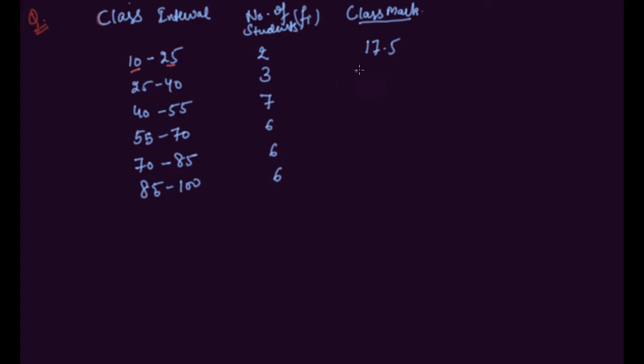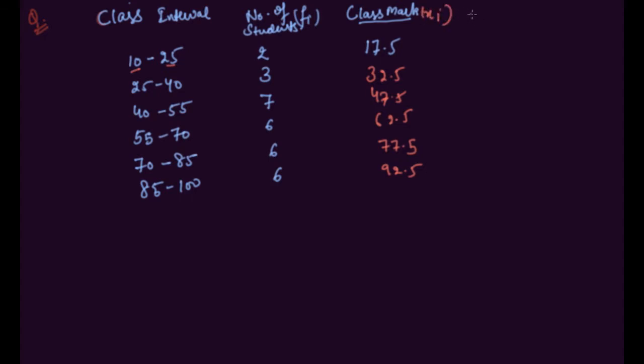For this case I will get 32.5. Again after adding 15, 47.5, because the difference is 15, so I can directly add 15 to this. 62.5 I am getting here, this is 77.5, and this is 92.5. So these are the class marks. Basically I can write this as xi.